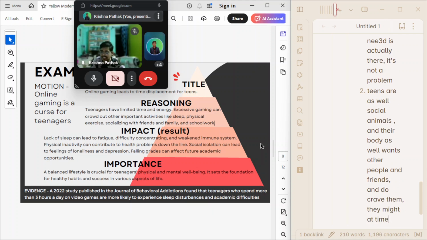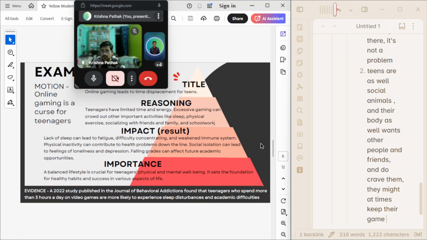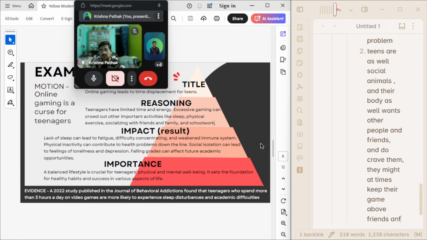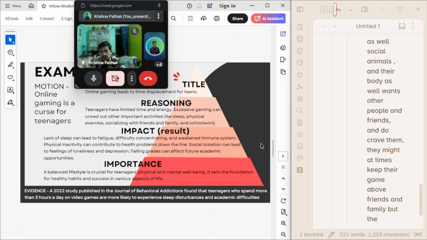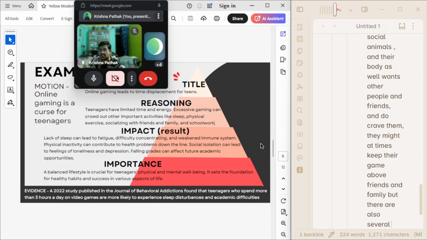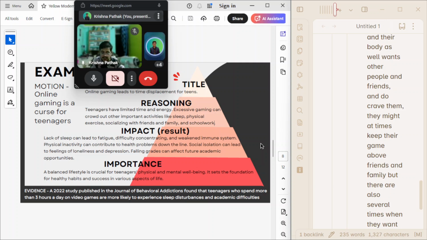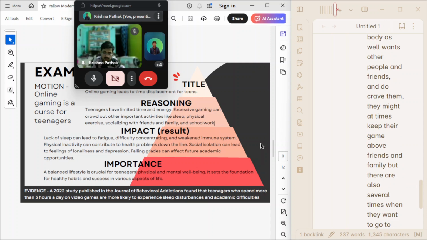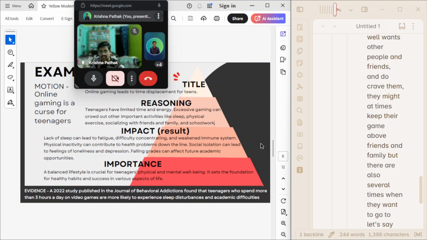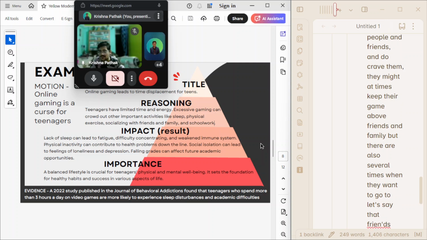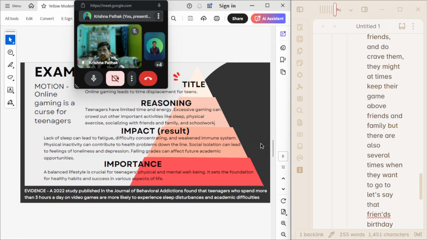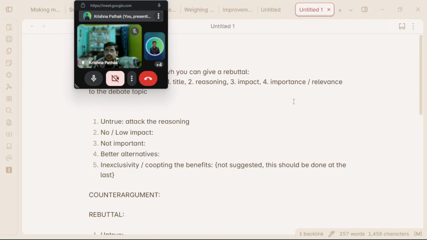They might at times keep their game above friends and family, but there are also several times when they want to go to, let's say, that friend's birthday party, or to their cousins during summer holidays, etc. So it's not like they are completely getting cut off from everyone.